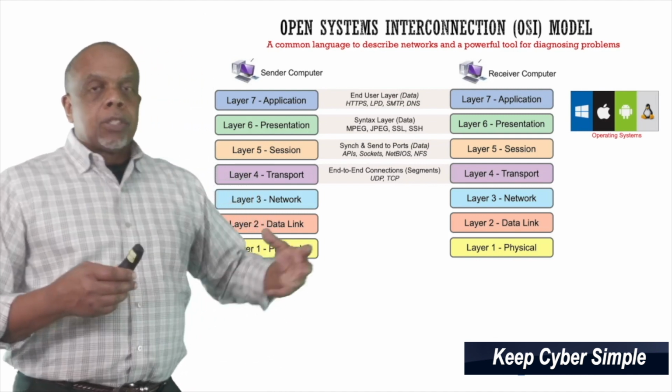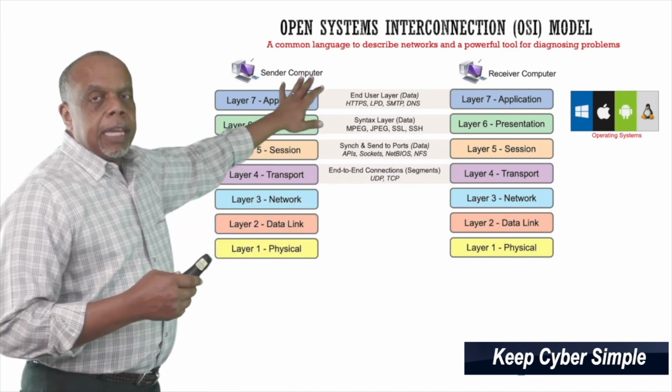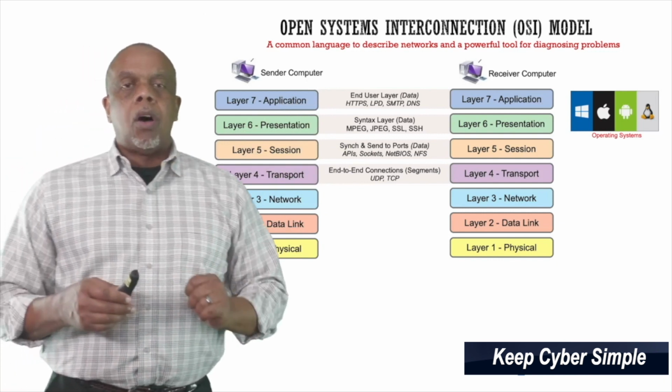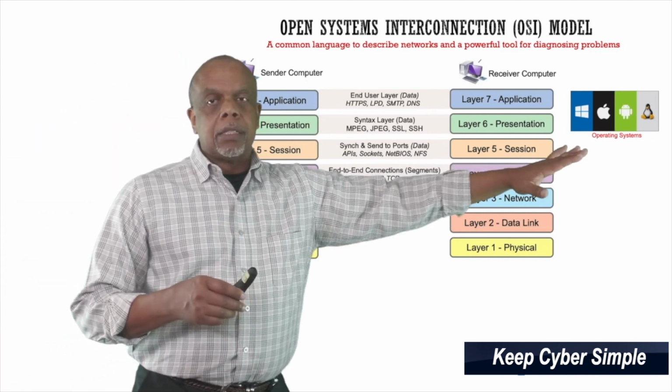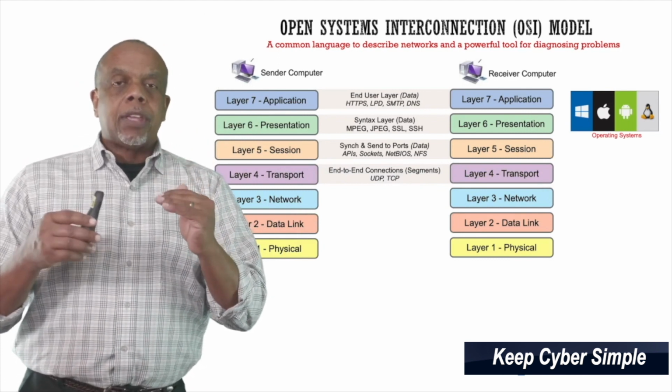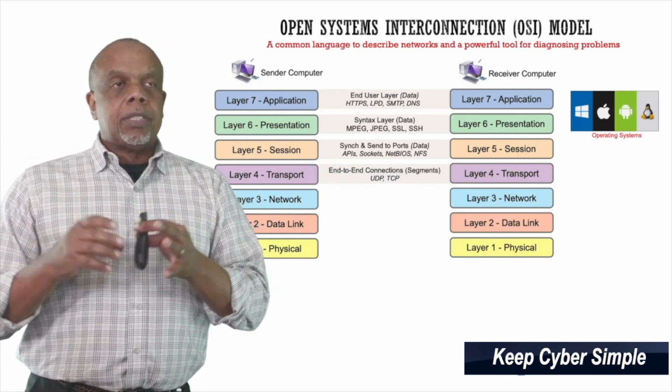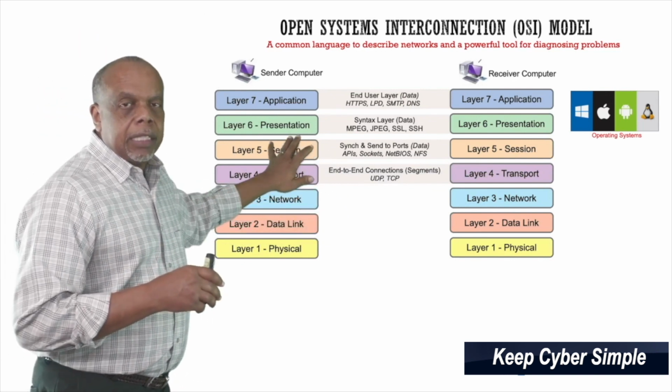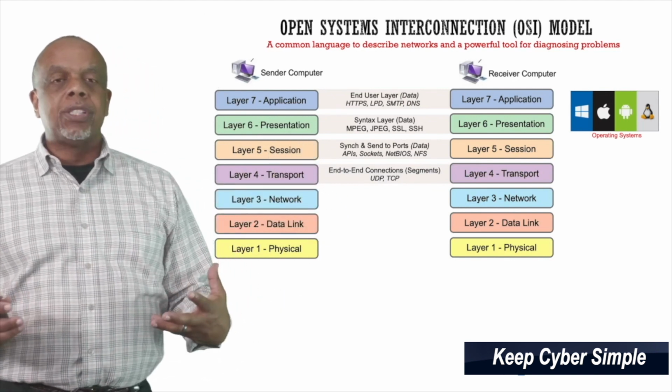So this is what layer 7 does. It lies right up underneath your operating system, sits right there underneath your user applications and other applications, and it prepares these things to go down. Then it takes it to layer 6, what we call the presentation layer.